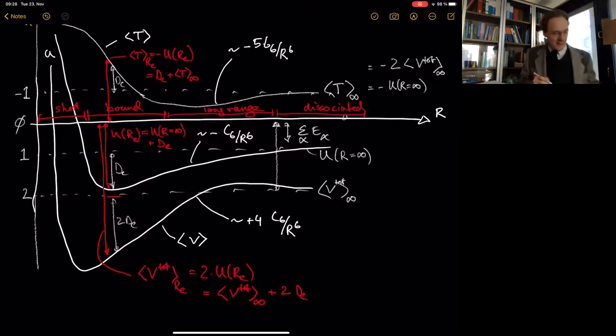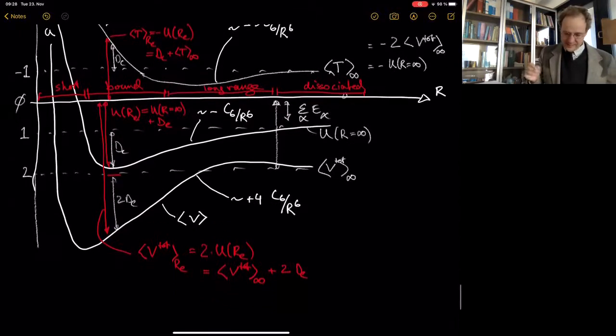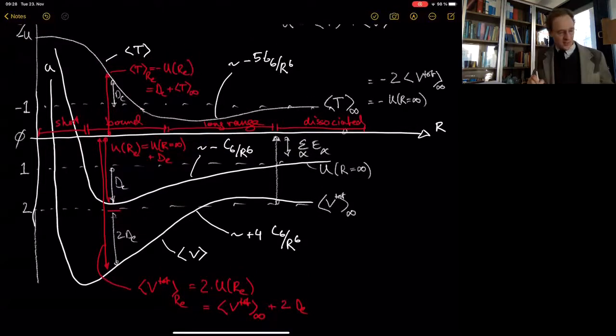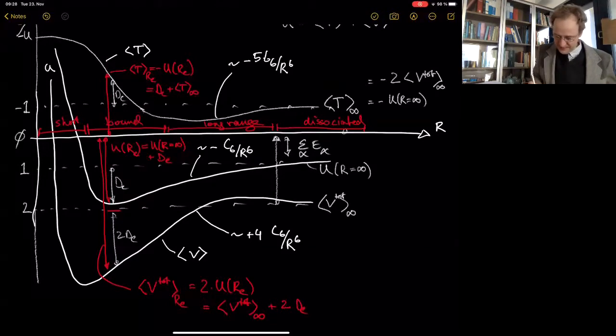We also saw yesterday that we have some inequalities, right? So your potential energy, and this is obvious from the second line, must be much below.